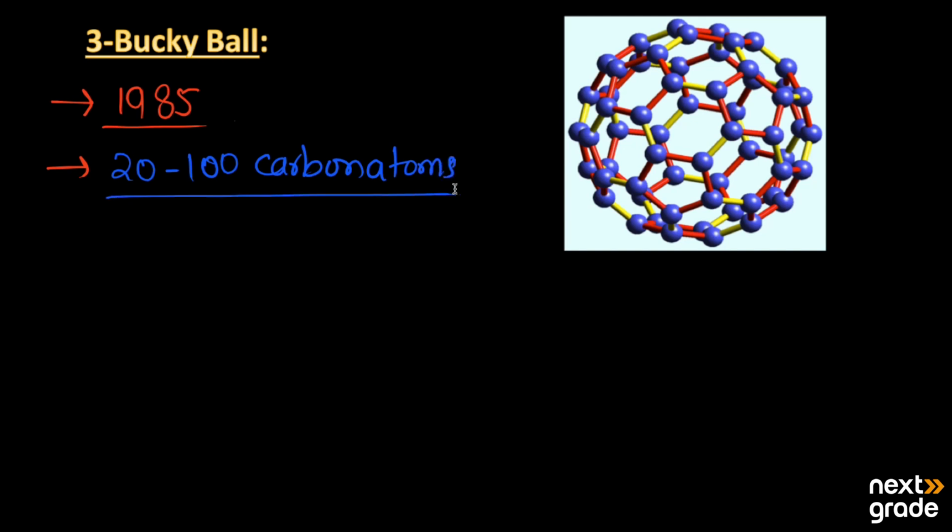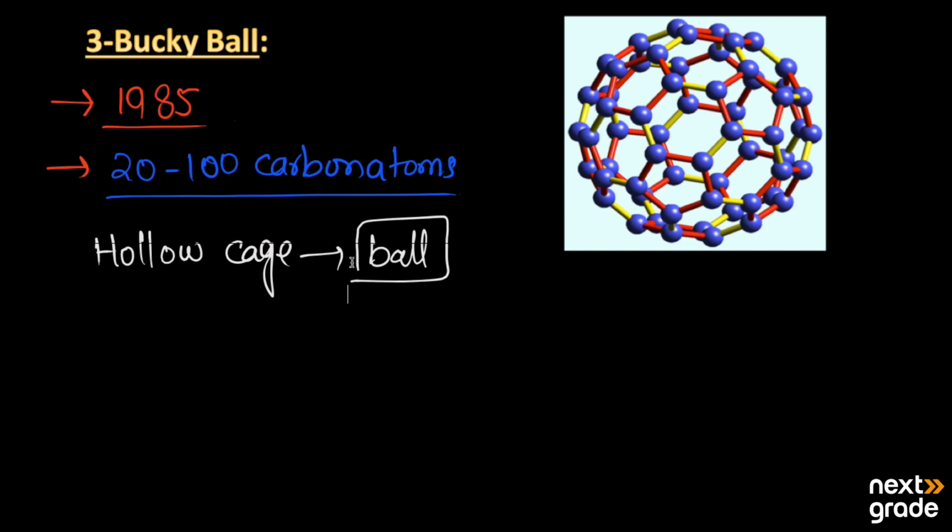When we talk about buckyballs, the atoms are arranged in the form of a hollow cage, or we can say a ball-like structure like a football. So the carbon atoms are linked with each other and adopt the shape of a football, like a hollow sphere. In this picture you can see that it is like a hollow sphere and the carbon atoms form a cage-like structure.